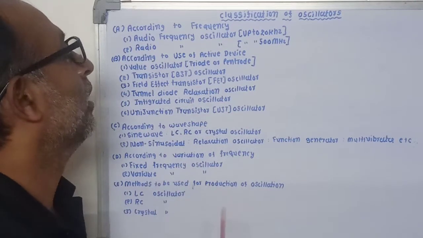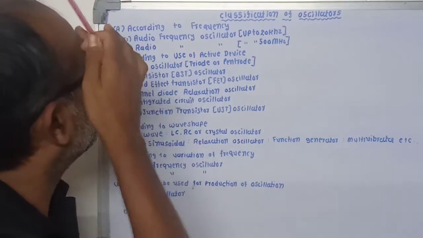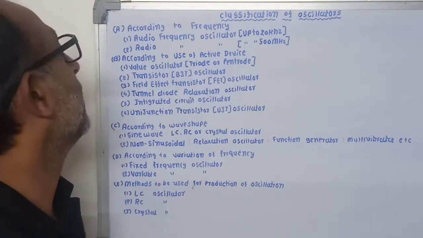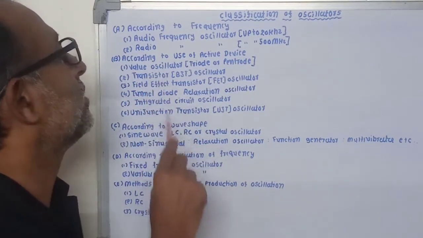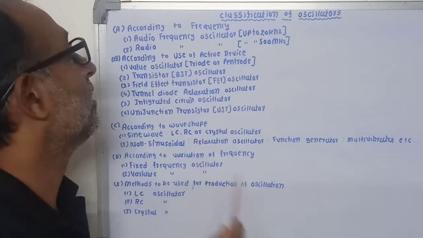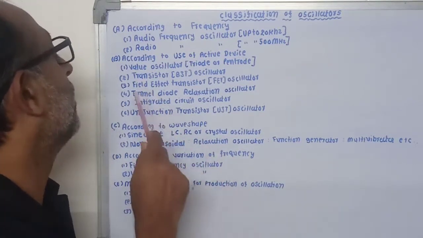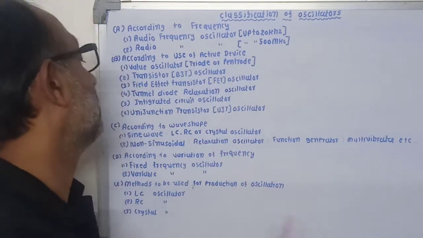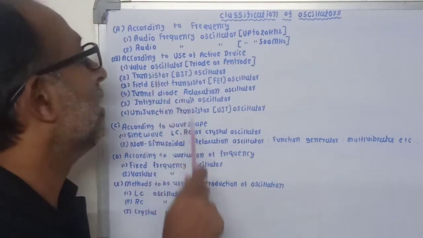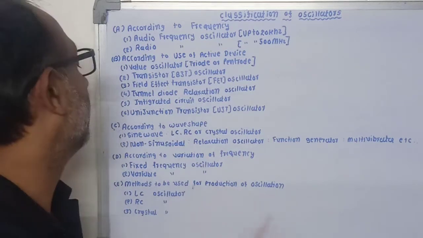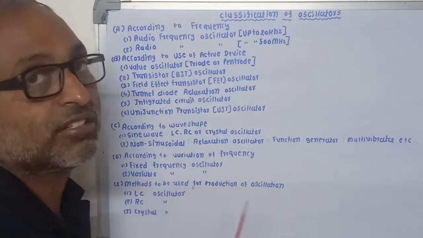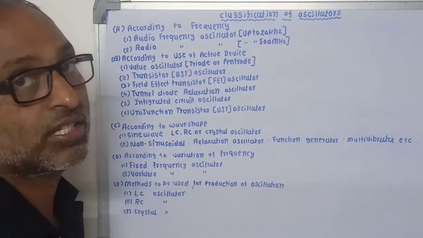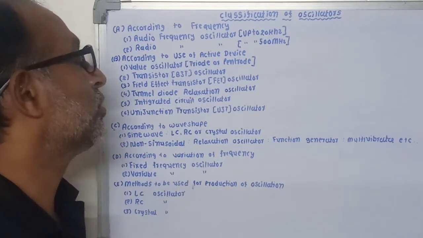In this type of oscillator, a triode or pentode is used as the active device. Second, transistor, BJT, bipolar junction transistor oscillator. Third, field effect transistor, that means FET oscillator. Fourth, tunnel diode relaxation oscillator. Fifth, integrated circuit oscillator. Sixth, unijunction transistor, that means UJT oscillator.